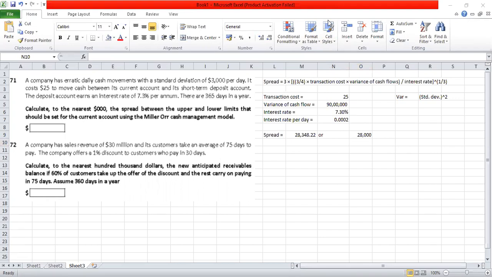Spread is equal to this formula. We'll take up question number 72.